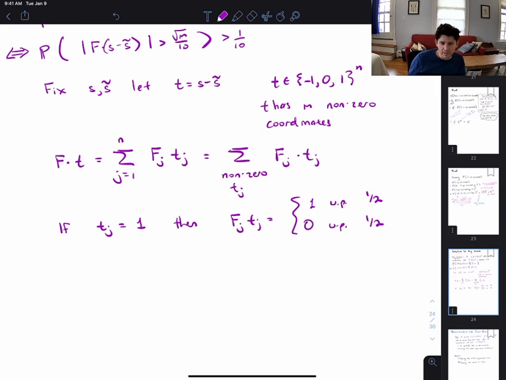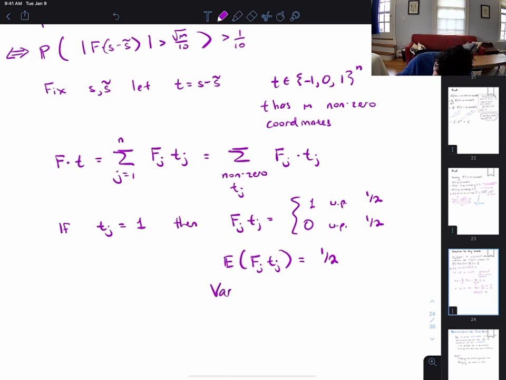And if tj is -1, then it's the same thing but reversed. So in this case, the expectation of fj tj is equal to 1/2. And the variance, if you're familiar with binomial random variables, is 1/4. And again, the same thing is true if tj is -1. Now the expectation is -1/2, and the variance is 1/4.